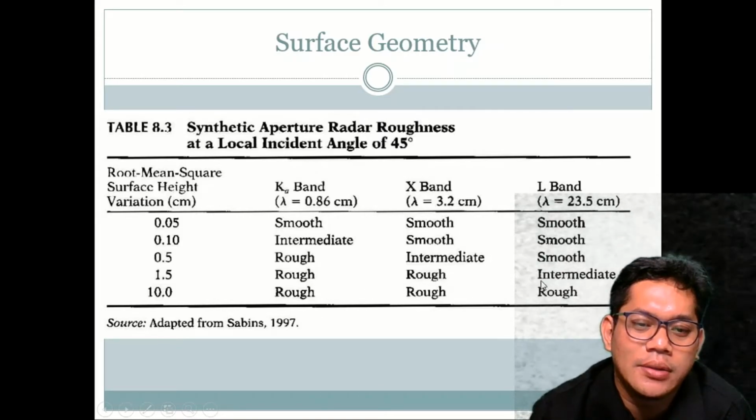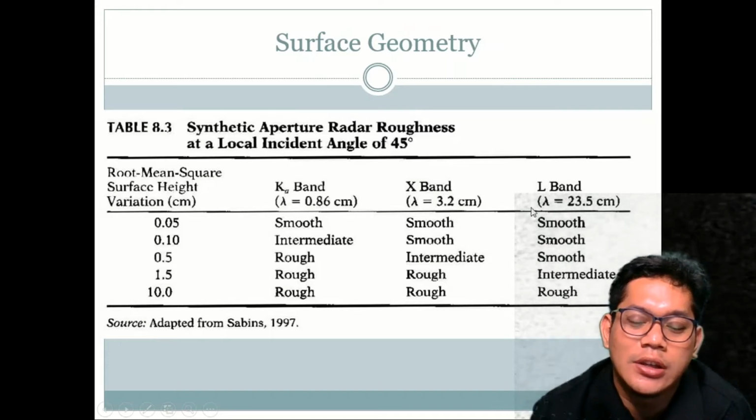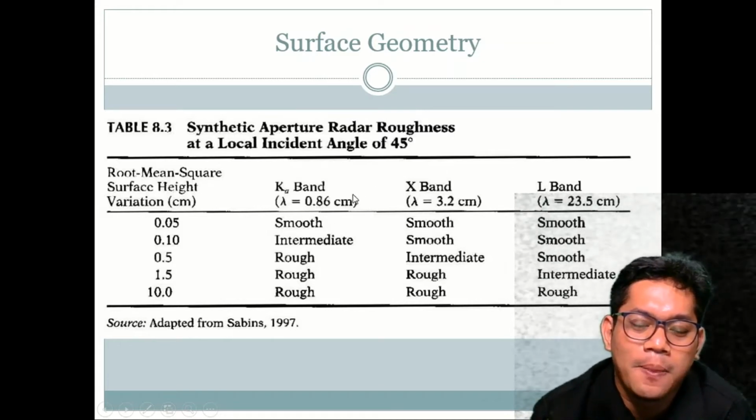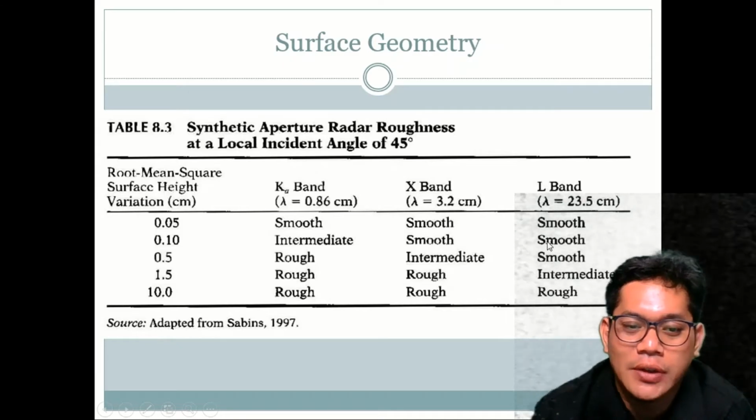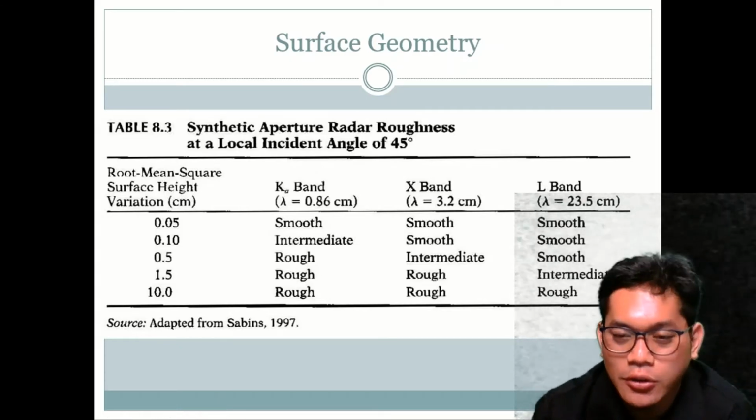But the L band is able to determine the higher height variation. However, for the lower surface height variation, it is not sensitive enough to detect it. That's why by understanding this, you will understand how the surface looks in the real world.